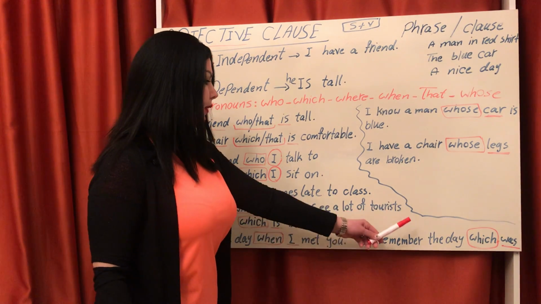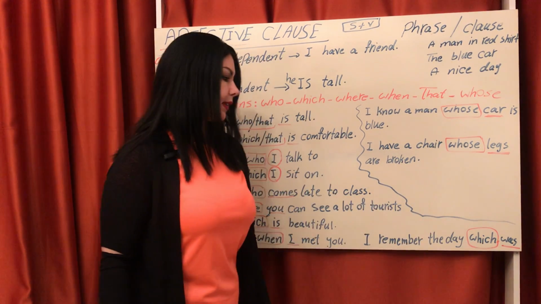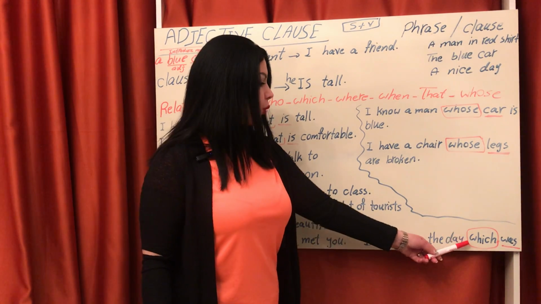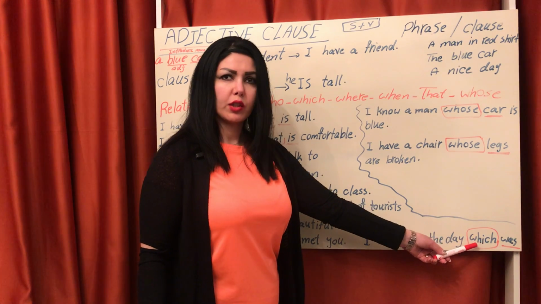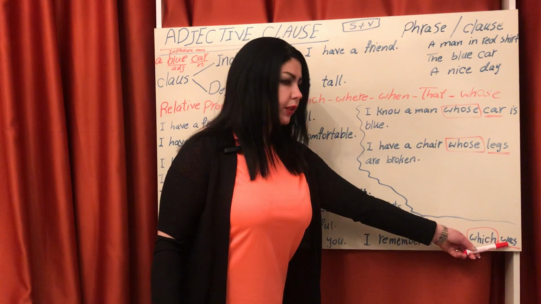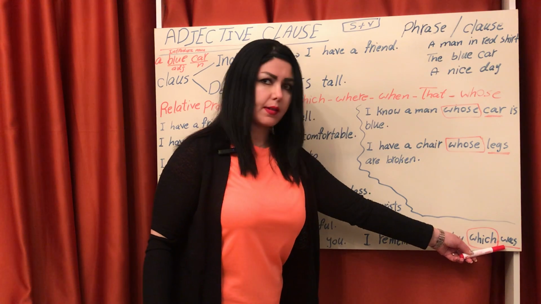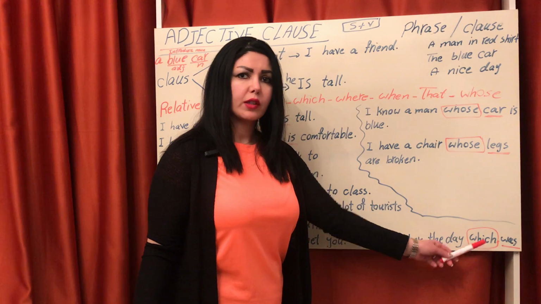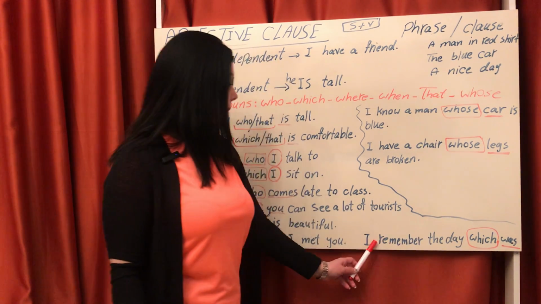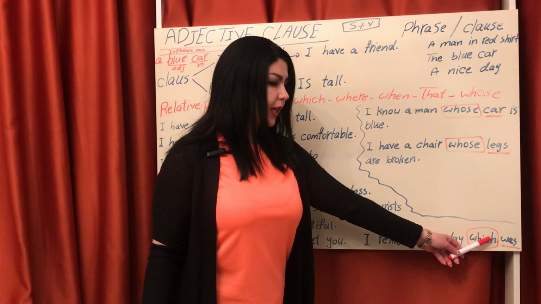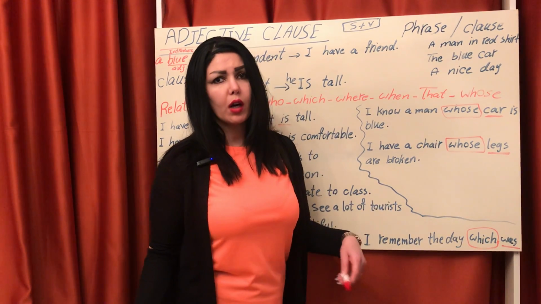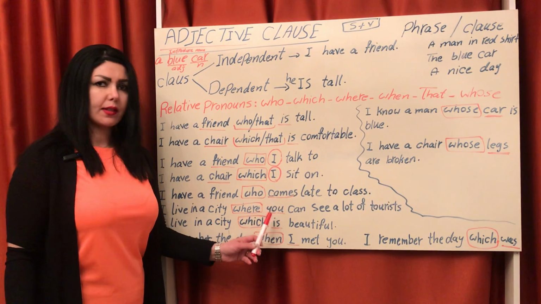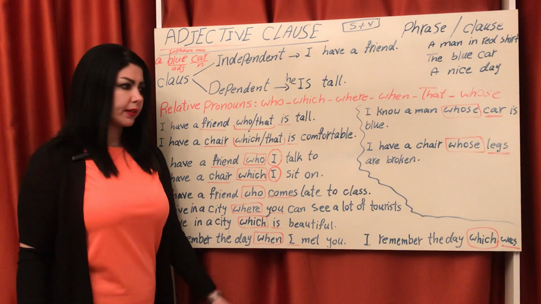Here we have the day, speaking about time. Why do we use which? Because after that we have a to be verb, was. So we can't use when. We use which instead of when. I remember the day which was great, which was awful. So after where and after when we just use a subject.